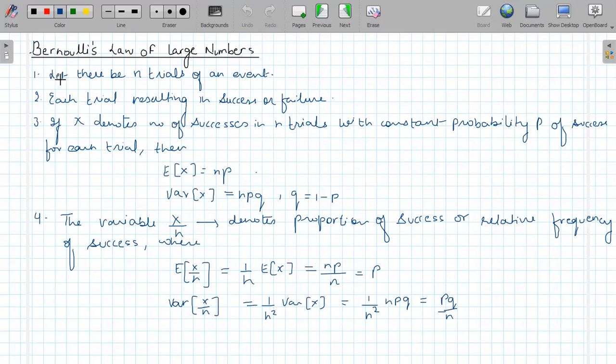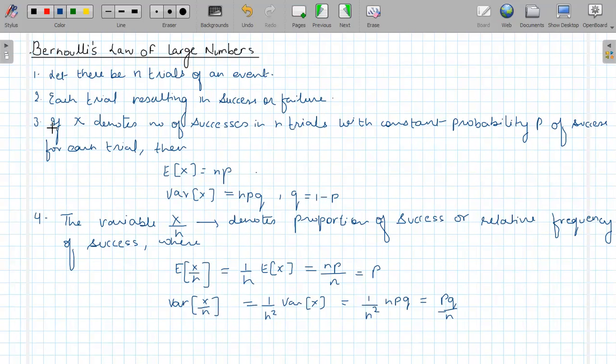There are some conditions before stating the law, that if we have n number of trials of an event, maybe like tossing of a coin or throwing of a die, each trial resulting in success or failure, means in each trial either you are having success or you are having failure. Like you can call getting head a success and getting tail a failure. So when you toss a coin, either you will get success or you will get failure.